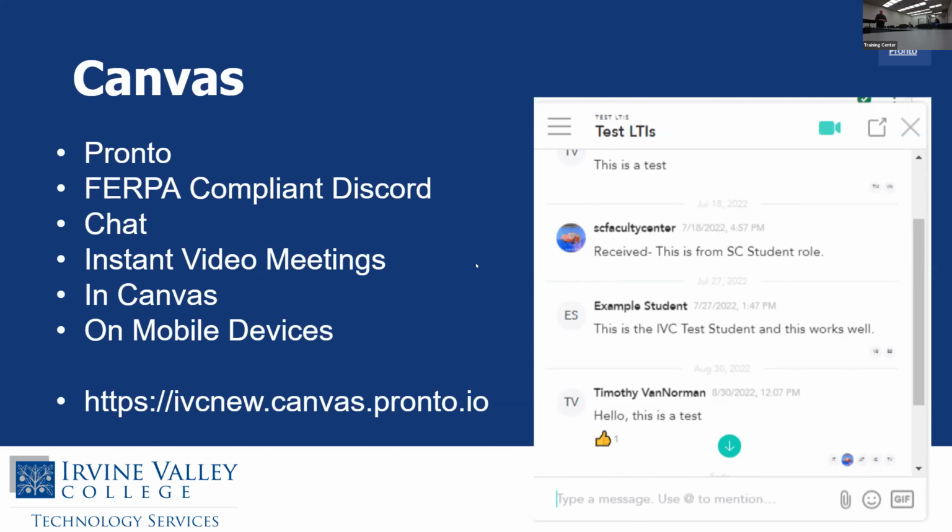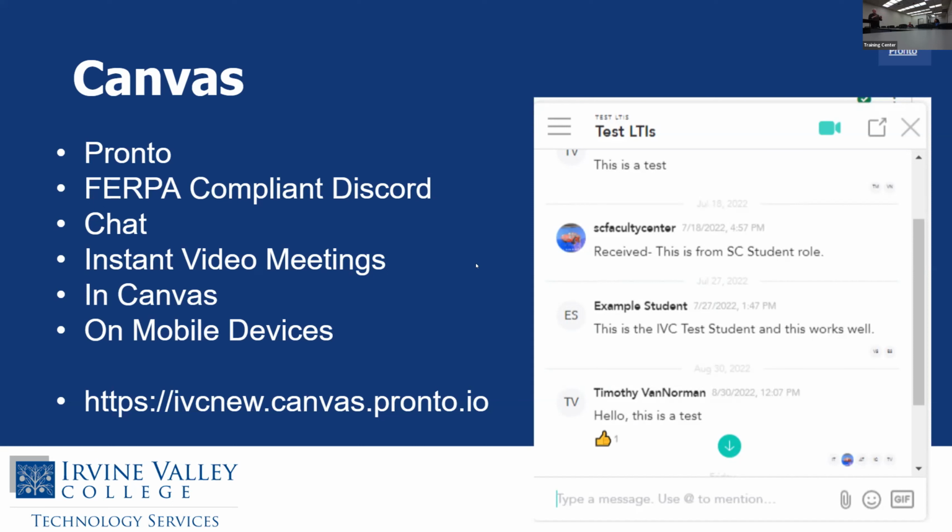I want to tell you what it is first, and then I'll tell you how to get into it. So what Pronto does is it does chat. It has the ability to do instant video meetings. So if your students want to meet together really quick, they can literally just hit a button, go into their own group for just them, and have a video meeting back and forth on their cell phones, one on a computer, one on a Chromebook, whatever that is.